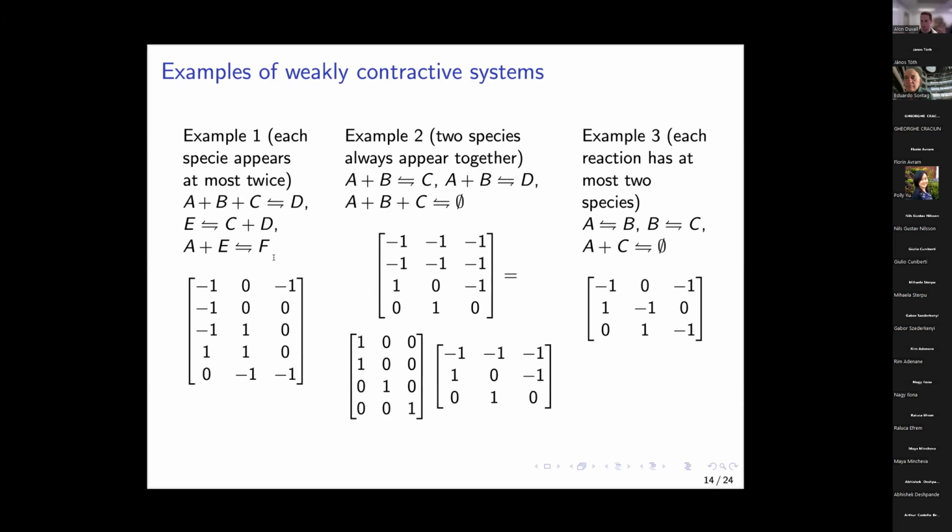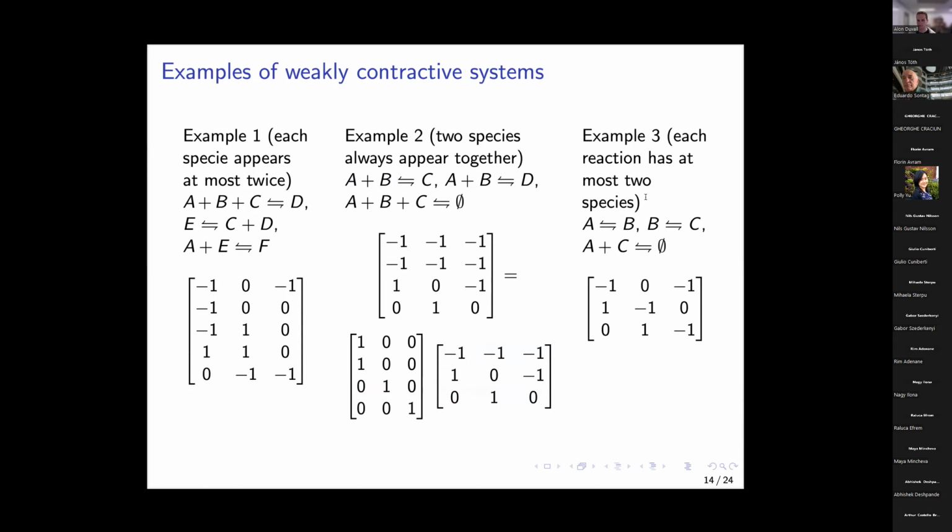And so example 1 is an example of this, where we do have 3 entries on the left side, but each row has at most 2 entries. Example 2 shows an example of the P matrix. So A and B always show up together, so we can treat them like one unit. And then we get this simplified matrix on the right here.